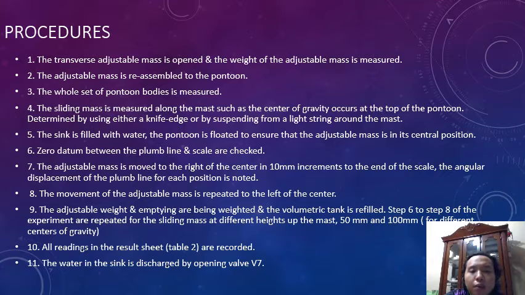Number 9, the adjustable weight is weighed and the volumetric tank is refilled. Step 6 to Step 8 of the experiment are repeated with the sliding mesh at different heights, 50 mm and 100 mm, for different centers of gravity. Number 10, all readings are recorded in the result sheet, table 2. Number 11, the water in the sink is discharged by opening valve V7.